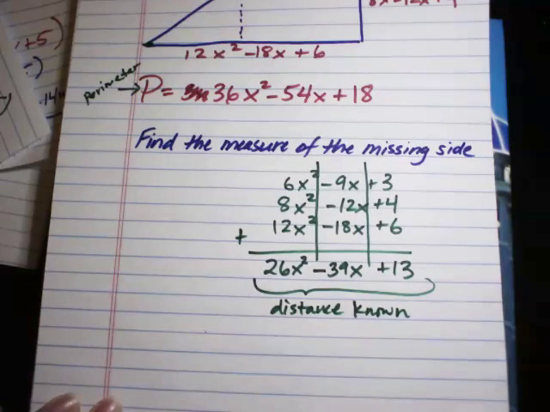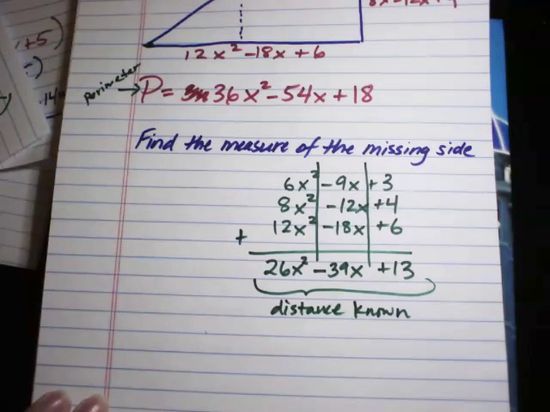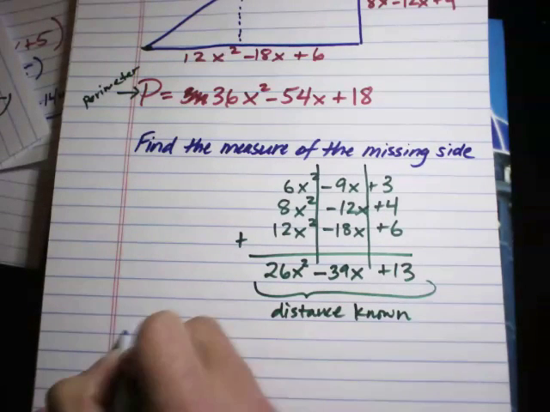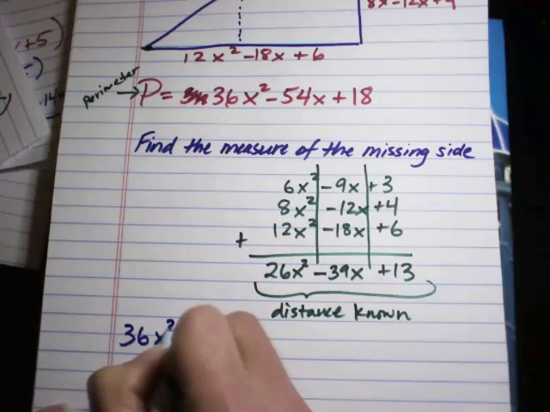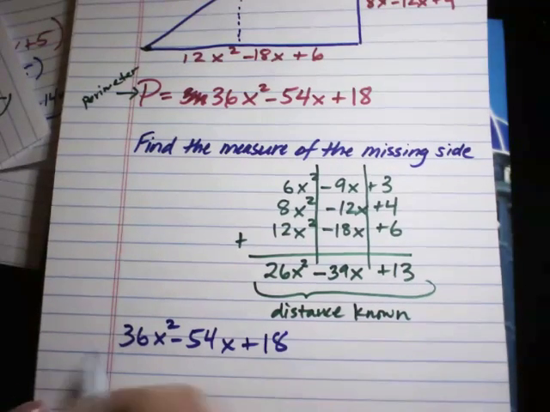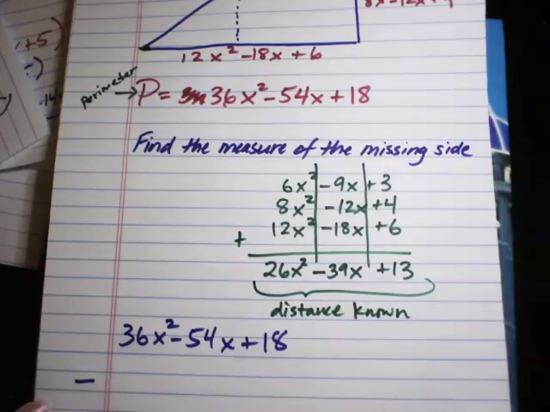What we want to find right now is the distance of the missing side. So we're going to take our perimeter, and I'm going to use a different color. We're going to take our perimeter, 36x squared minus 54x plus 18. We're going to subtract the distance that we know.